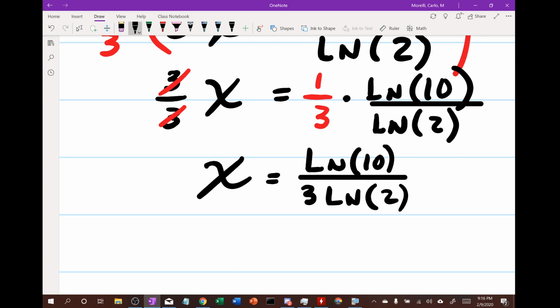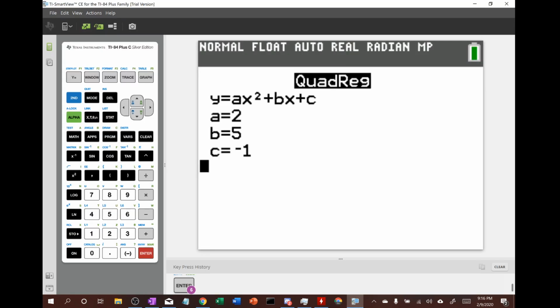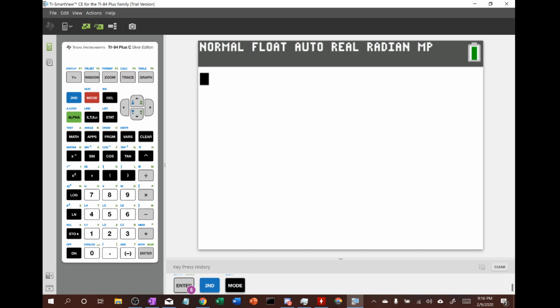So what I want to show you guys is on the graphing calculator, what this number is. Okay, so on the graphing calculator, you would, and I'm going to wait for that to pop up so you can see it. And you have to use a graphing calculator typically because these numbers are weird.